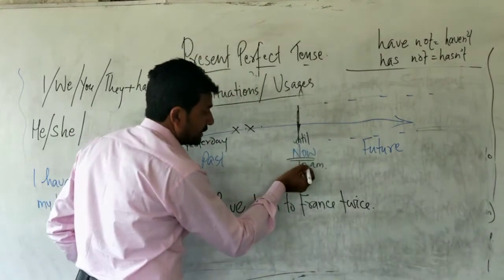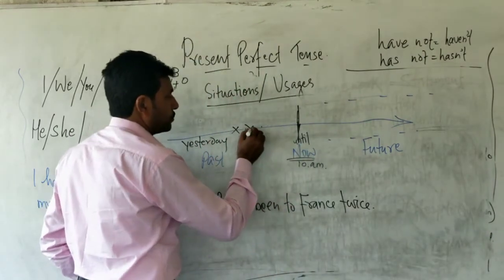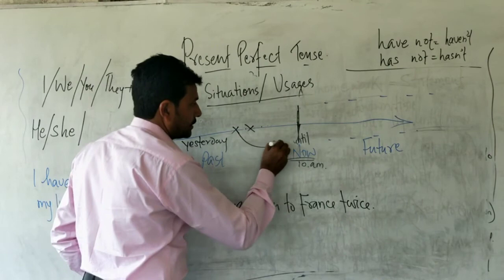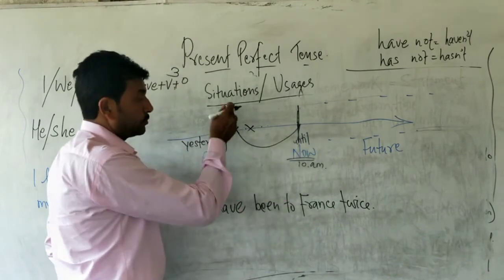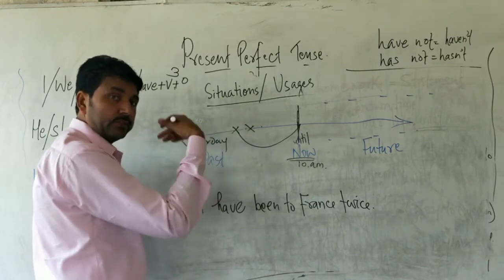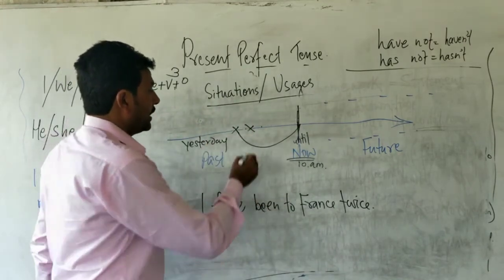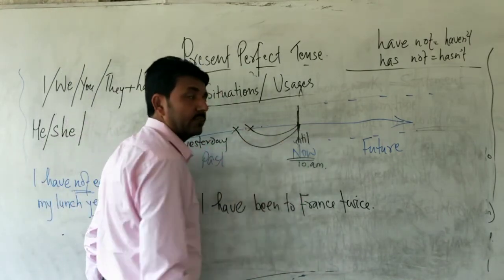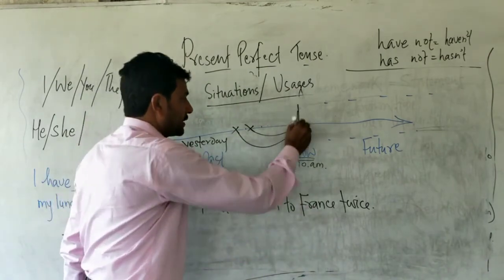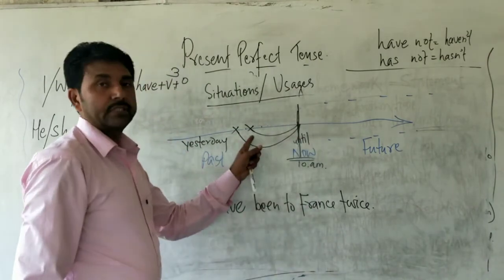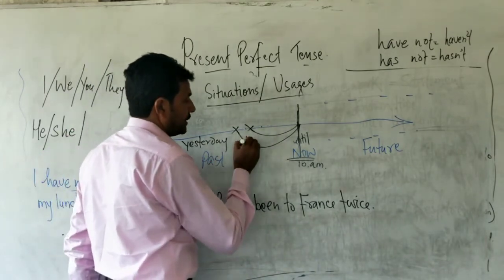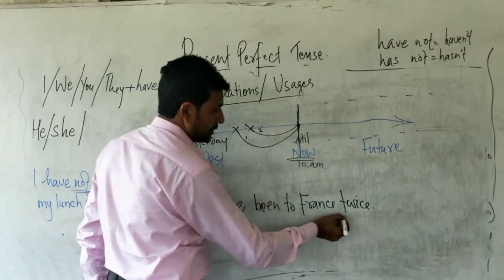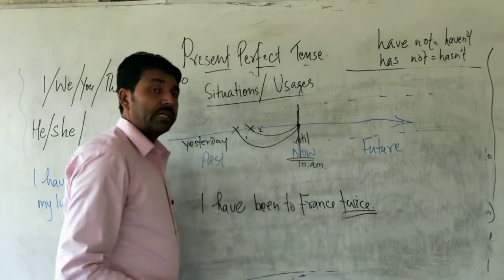So it has a relation with now. The first time you visited France, and the second time you visited France again, but until now you have done this action. So this is the second time, it is twice.